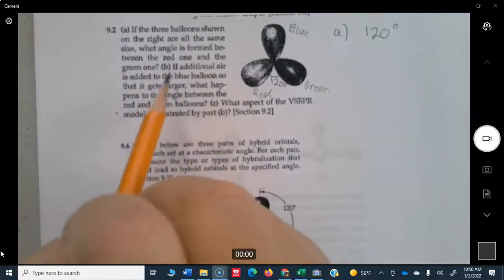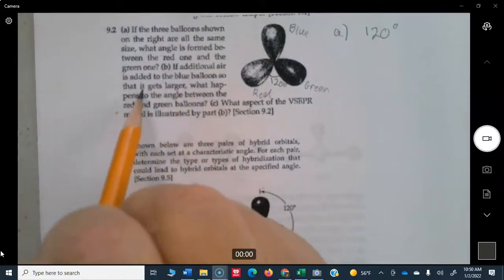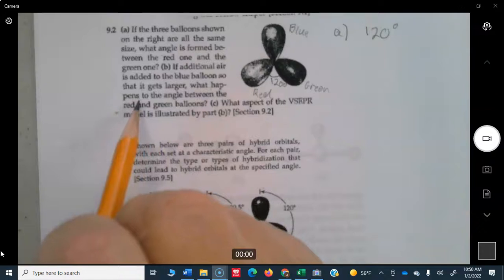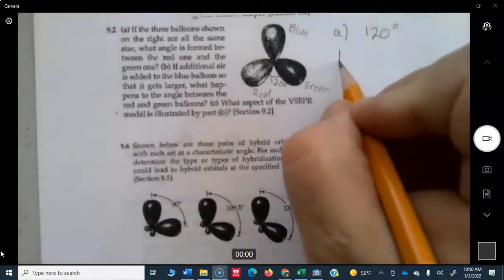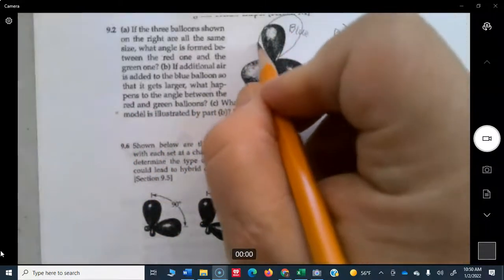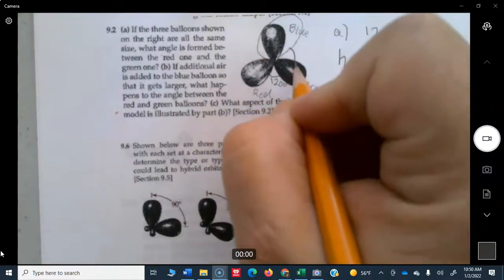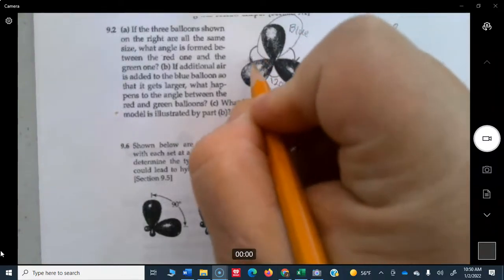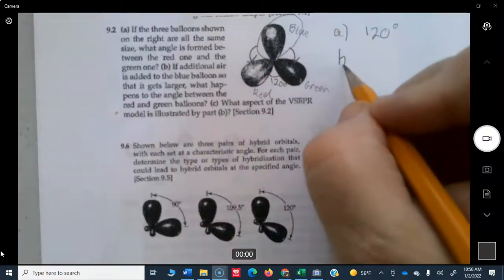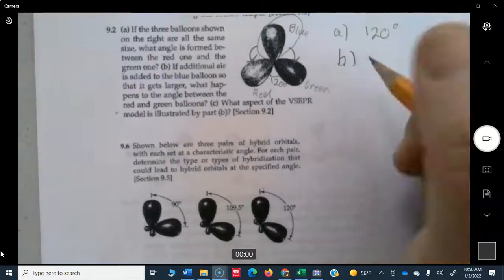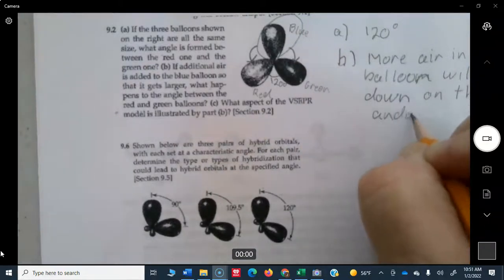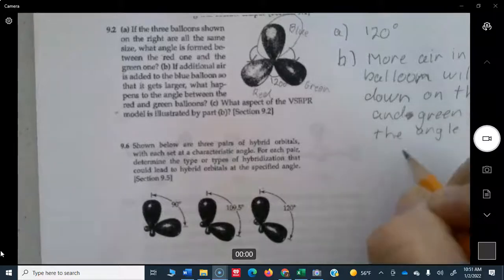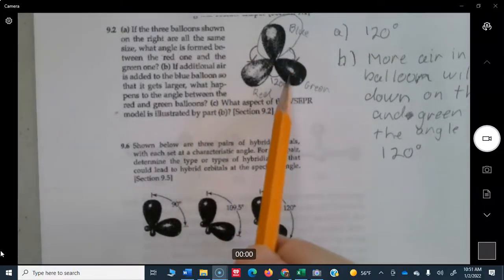B, if additional air is added to the balloon so that it gets larger, what happens to the angle between the red and the green balloon? What happens to that 120? You're basically making this one bigger like that. So it's going to push down on the red and the green.